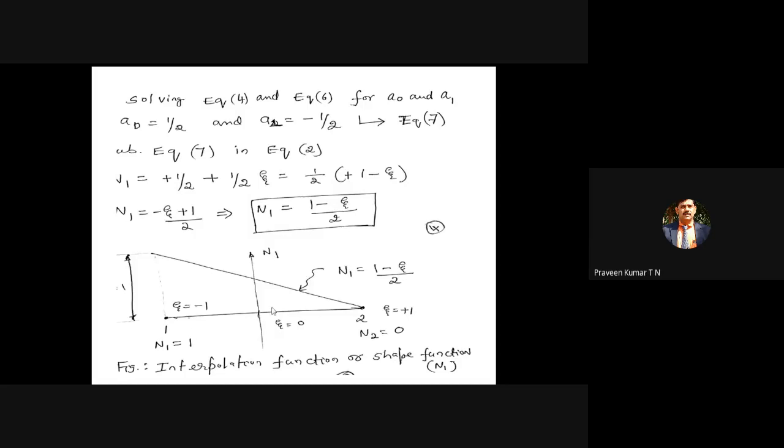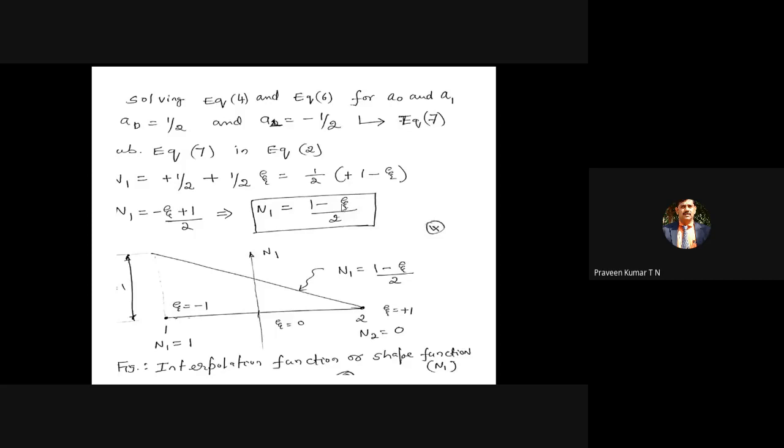So now, N1 is nothing but the equation of a straight line. We are familiar with y is equal to mx plus c. If you split this, we get 1 by 2 minus 1 by 2 xi. So 1 by 2 is your c value, and in mx, the variable x is replaced by xi.